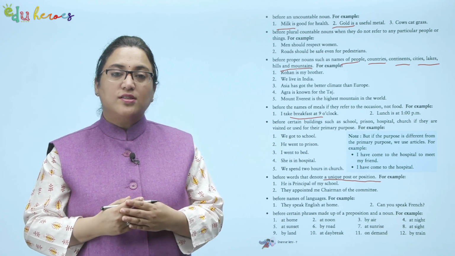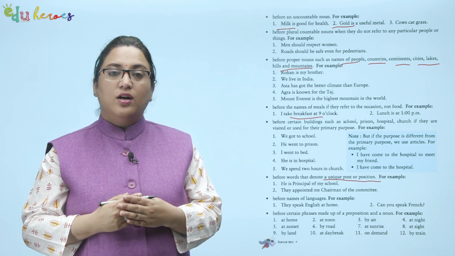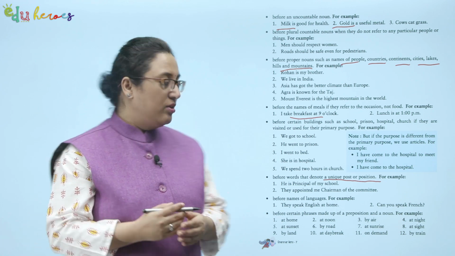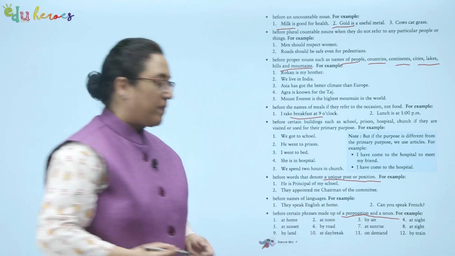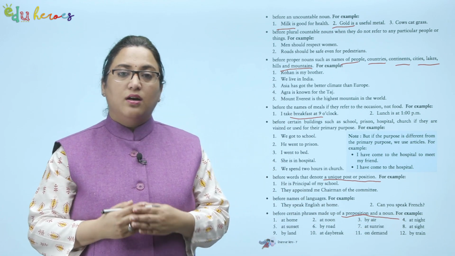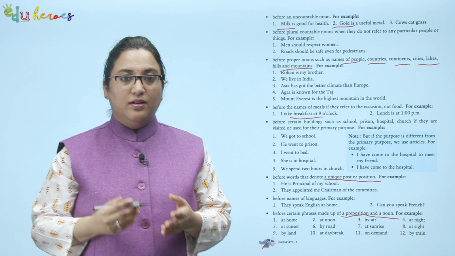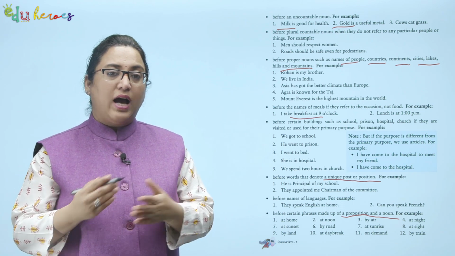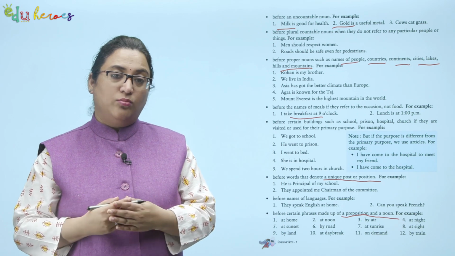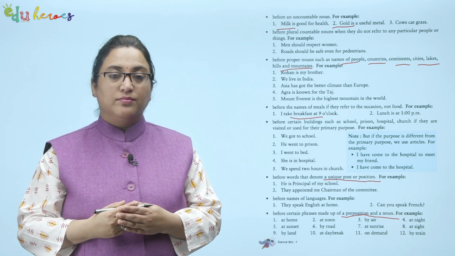Also, before certain phrases made up of a preposition and a noun. So, this is the combination we are looking at. We will omit articles before them, like at home. So we cannot say the at home or a at home or an at home.